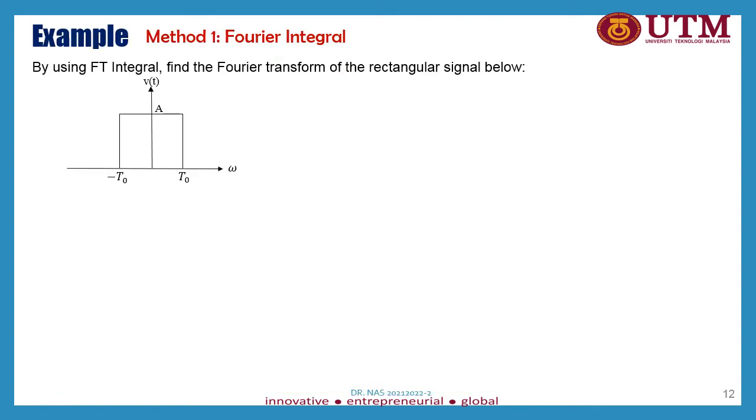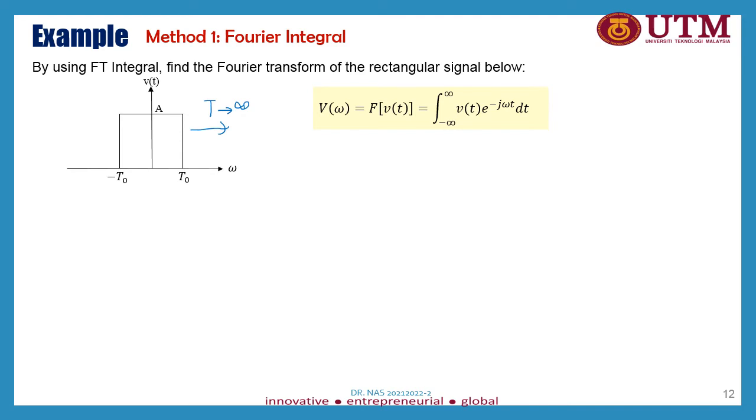Okay, let's look at the same shape of signal, a rectangular signal. So how to get the Fourier transform of this rectangular signal when T is not known, when T is assuming approaching infinity. Okay, so by using the first method, the Fourier integral, you need to perform the integration.